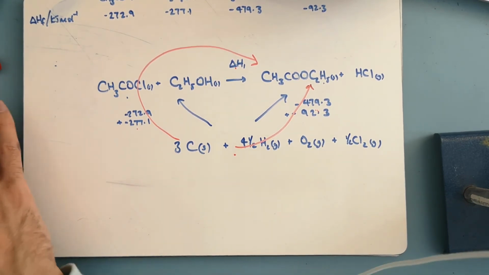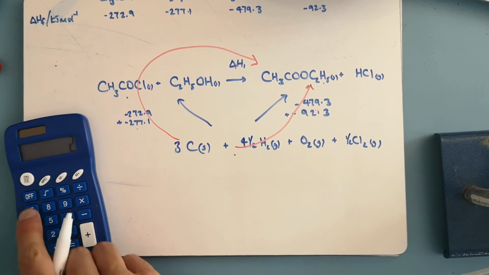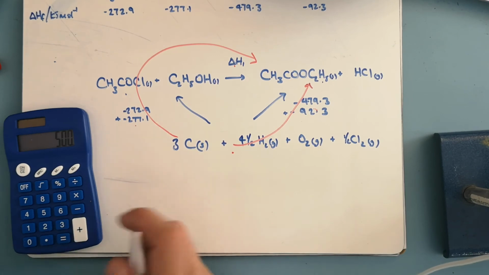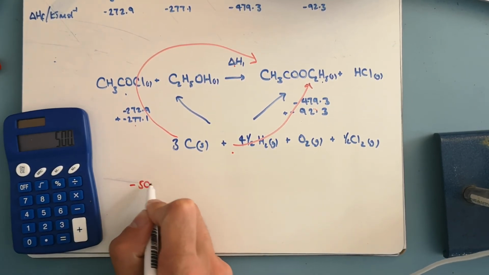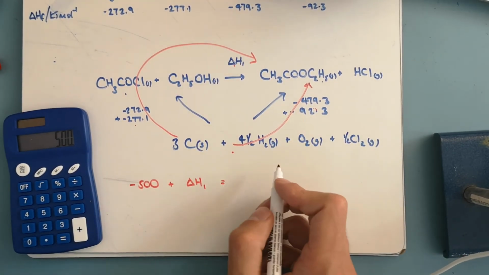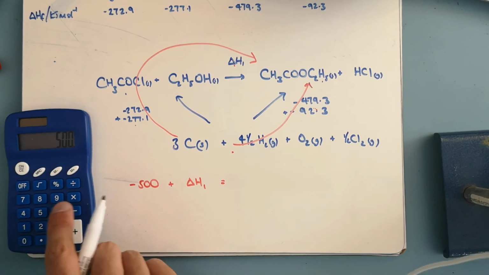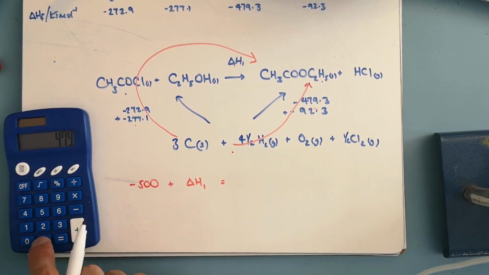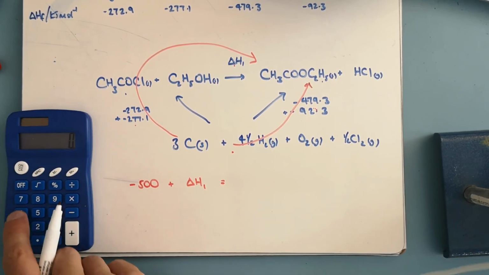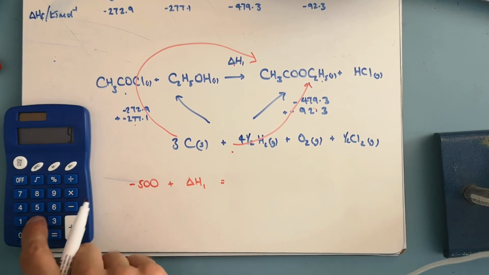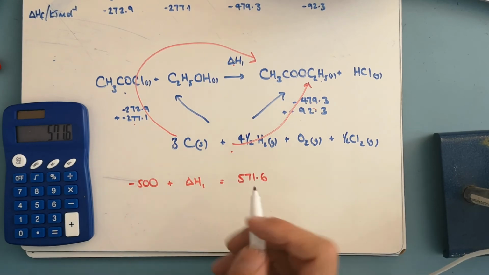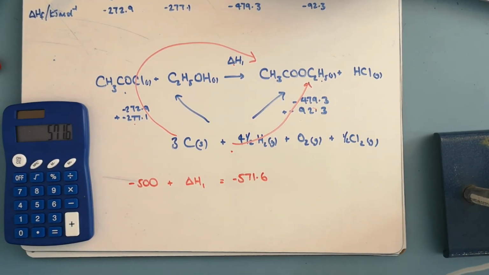So if I go minus 272.9 plus minus 277.1, I've got here minus 550 plus the enthalpy we're trying to work out is going to equal minus 479 plus minus 92.3, which is minus 571.6 kilojoules per mole.